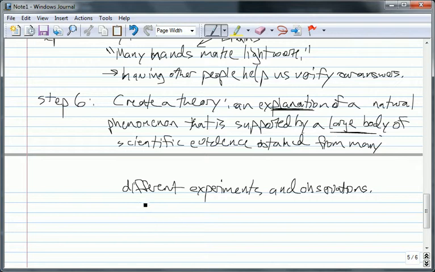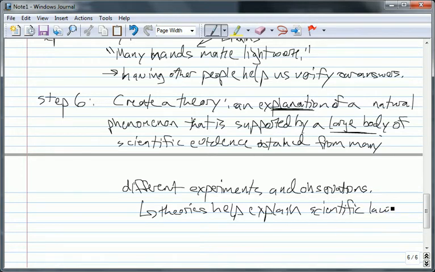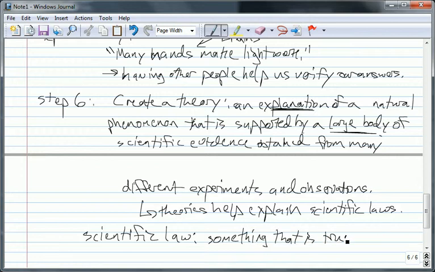These theories then help explain scientific laws. Now, a scientific law, by the way, let's define that real quick. A scientific law is something that is true about the universe.